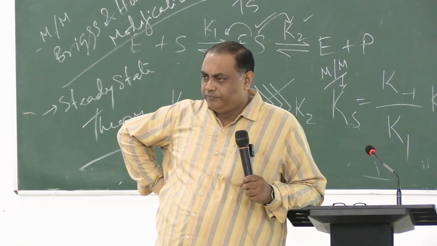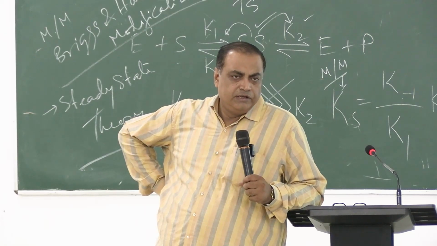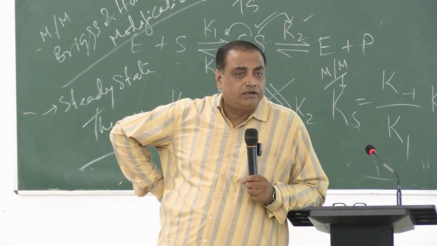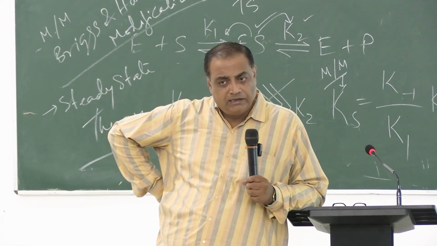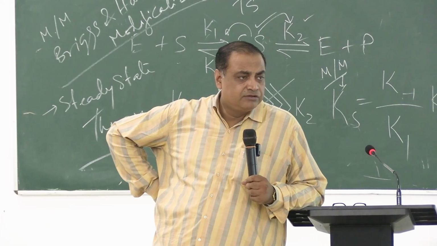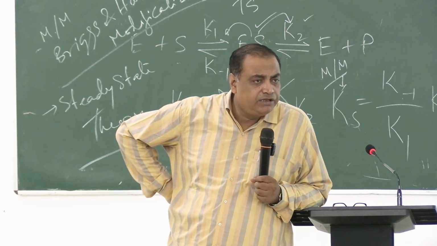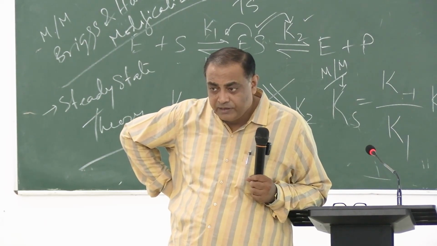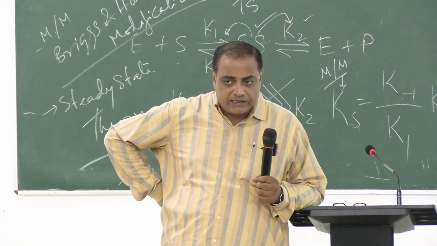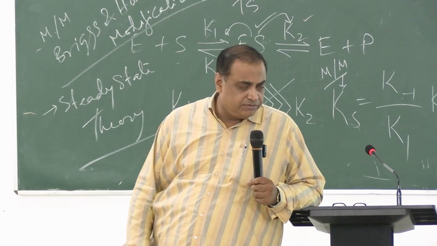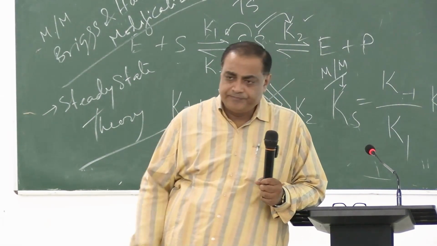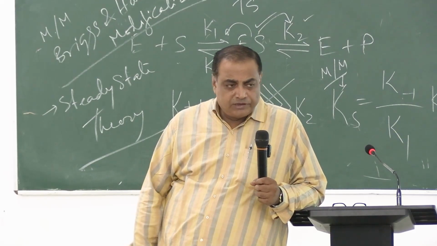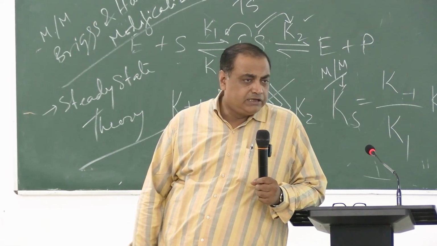How to remember this? In this, the inhibitor is binding to the ES complex, correct? And in competitive inhibition, the inhibitor was binding with the free enzyme. The previous one, the non-competitive, showed that it can bind to anything.